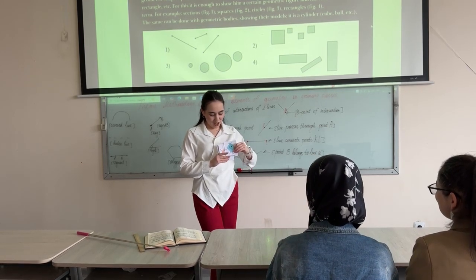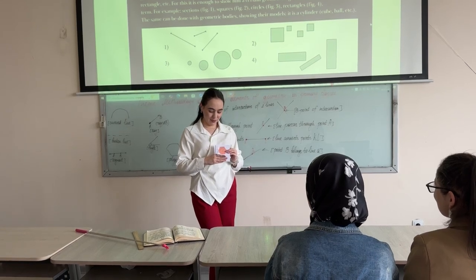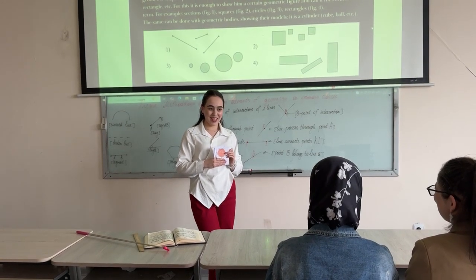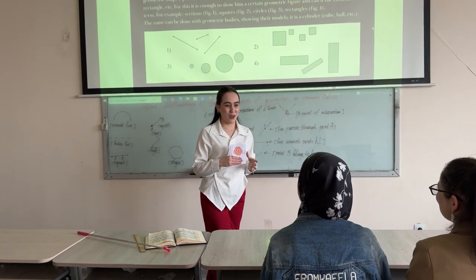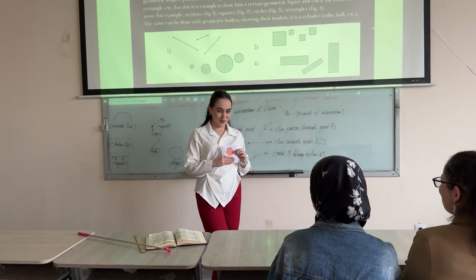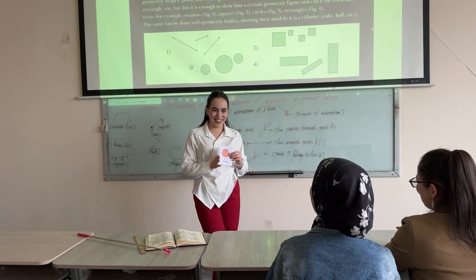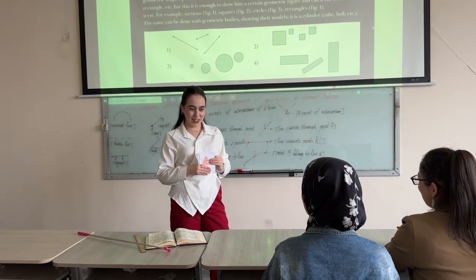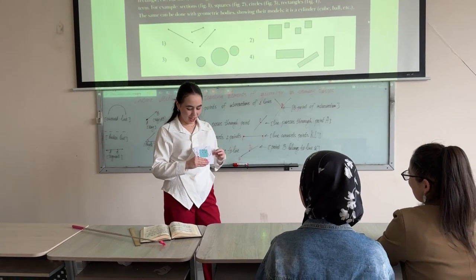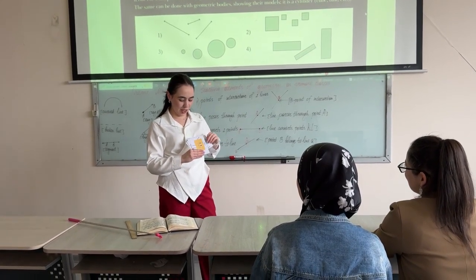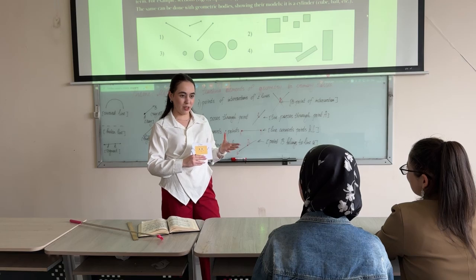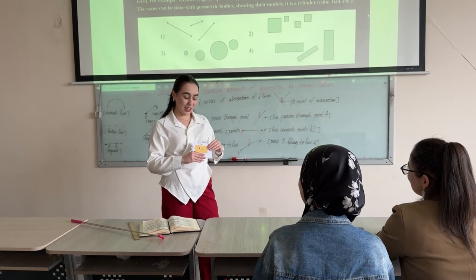Rhombus, yes. What about this? It's quite similar to a pentagon. Hexagon. Okay, what about this? Triangle. Okay, and this is a square. Okay, what about this? It looks like a square, but not a rectangle.